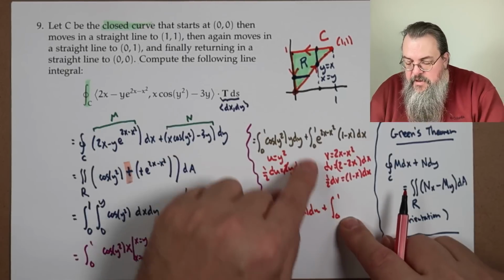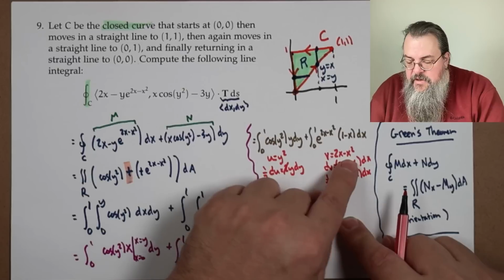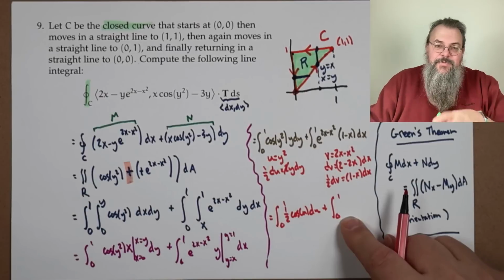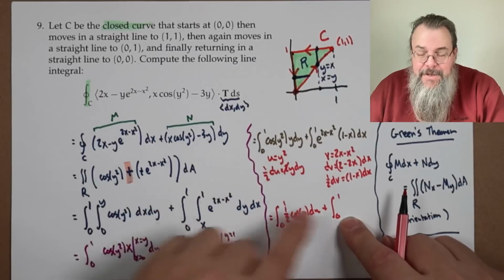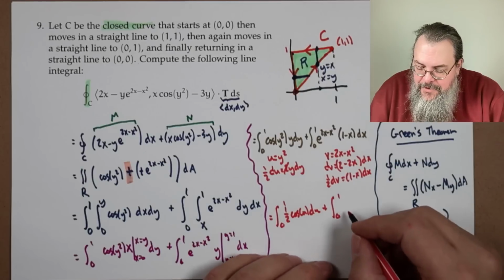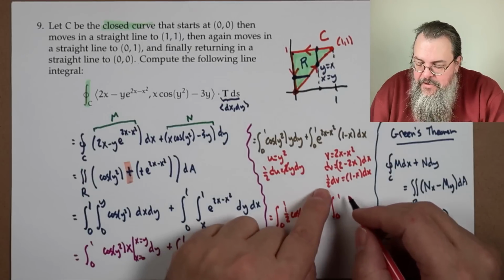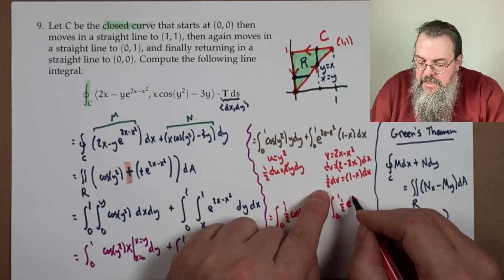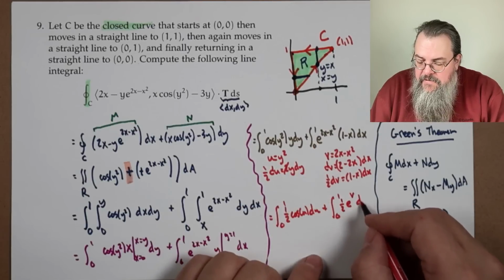Why is this 0 to 1? 2 times 0 minus 0 is 0. 2 times 1 minus 1 is 1. So we're not being lazy in copying the bounds. We're checking, right? So be careful. And, okay, so the 1 minus x dx puts a 1/2, and we get e to the v dv.